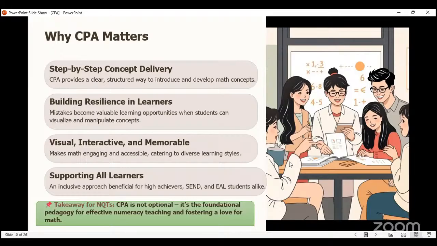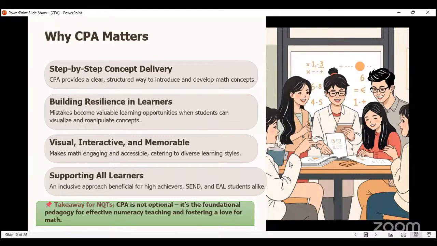It provides a clear structured way to introduce and develop maths concepts. The concrete is like the foundation. Then you build on the foundation with the pictorial, and then you crown everything with the roof, which is the abstract.